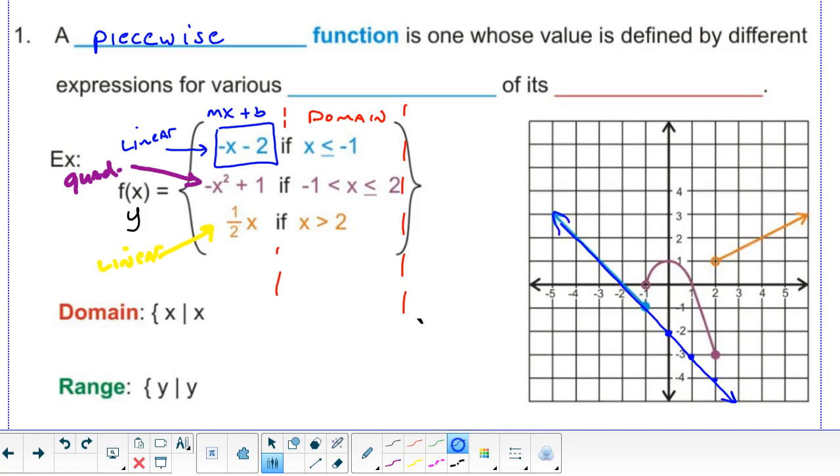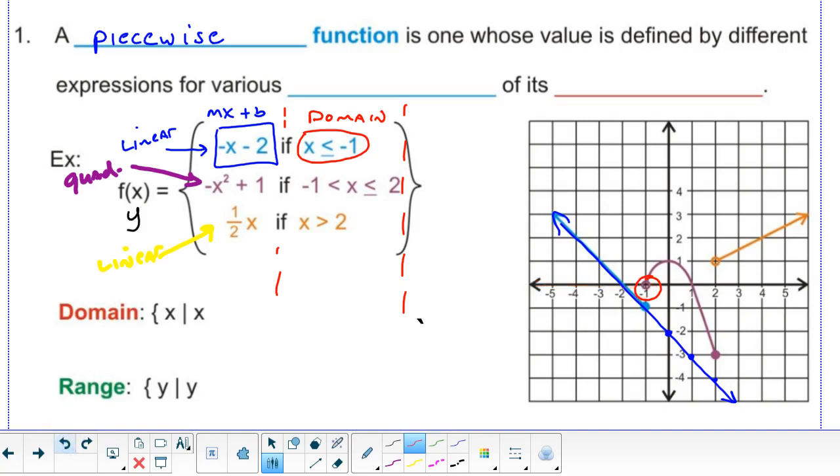Okay, well, that's the function for all domains. But notice it says only use values of x from negative 1 and lower. So what happens then is I must go to negative 1 on my x-axis and understand that I only use values from negative 1 down that way.